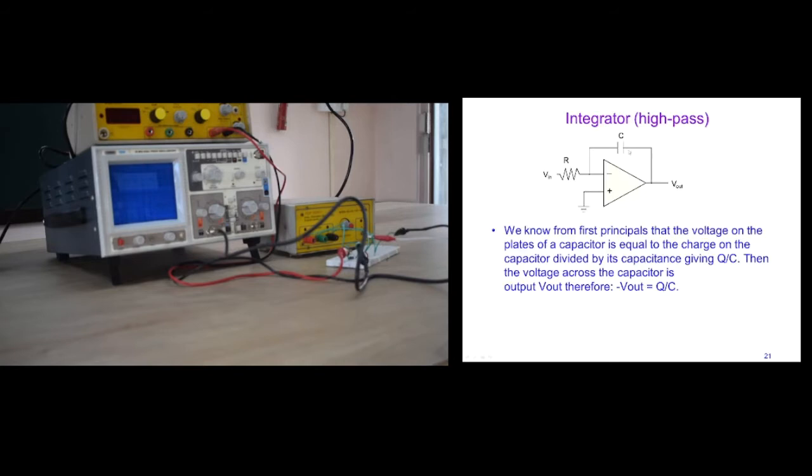And if we see the things here, you will find the current in the feedback circuit, that is across the capacitor, is IF, and the current in the resistor R is the input current IN.